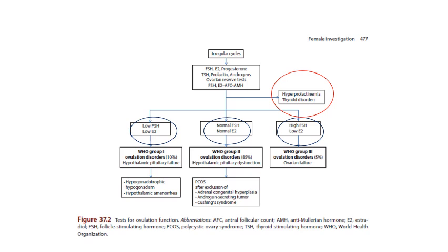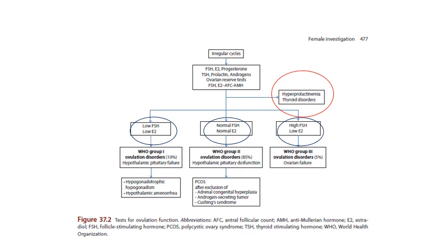If the patient presents with irregular cycles, we need to first rule out hyperprolactinemia and thyroid disease. After that, we have to distinguish between WHO 1, 2, and 3 ovulation disorders. As we have discussed, if LH, FSH, and E2 are all low, it is type 1 anovulation, and this patient requires gonadotropin for ovulation induction.